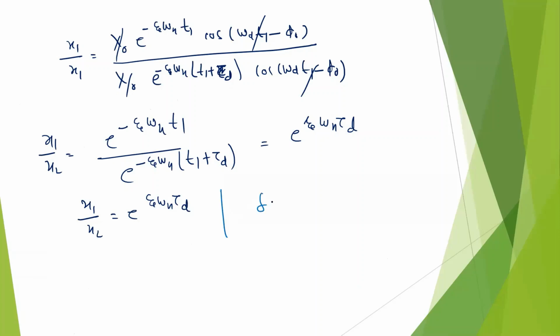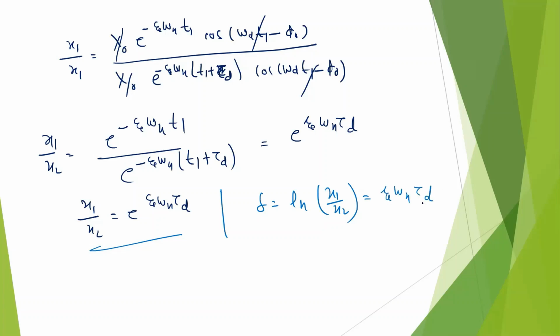Delta equals natural log of x1 over x2, which equals zeta omega n tau d.